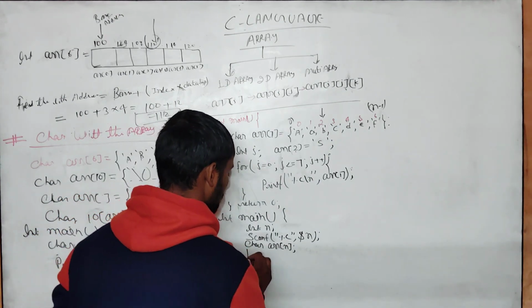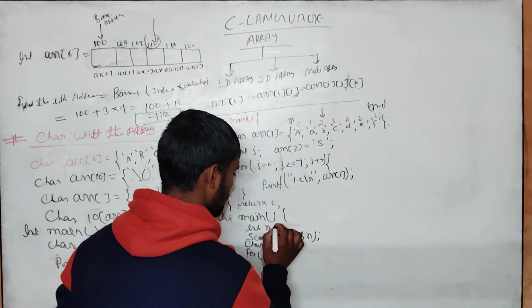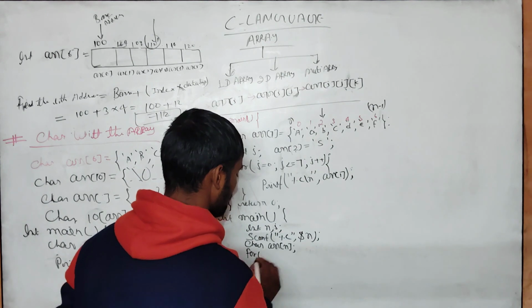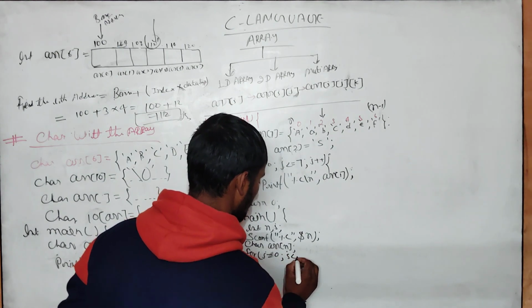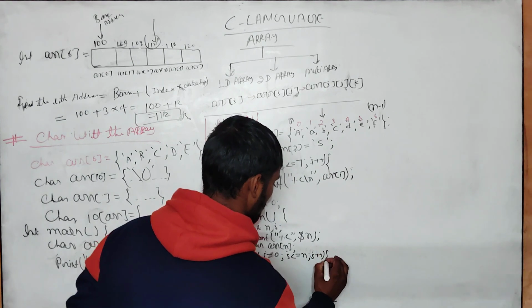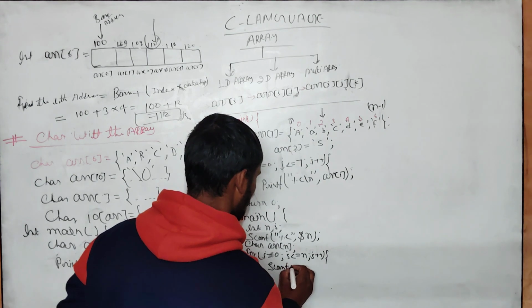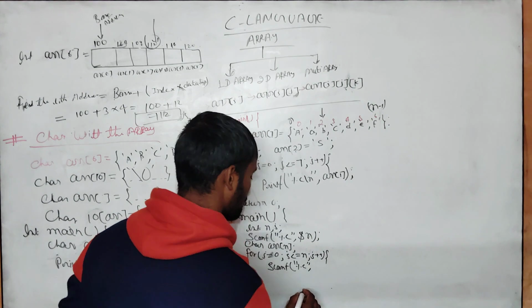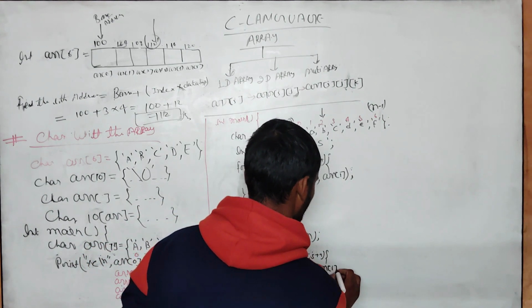After that, I will take one loop with a variable i: for i equal to 0, i less than n, i plus plus. And I am writing scanf with %c, and here take ARR of i.